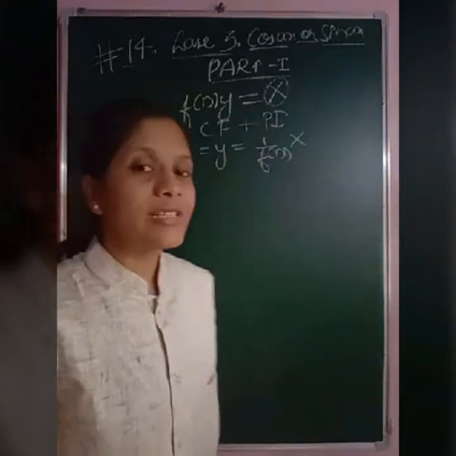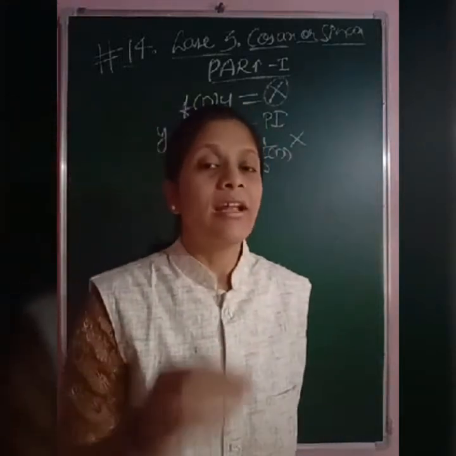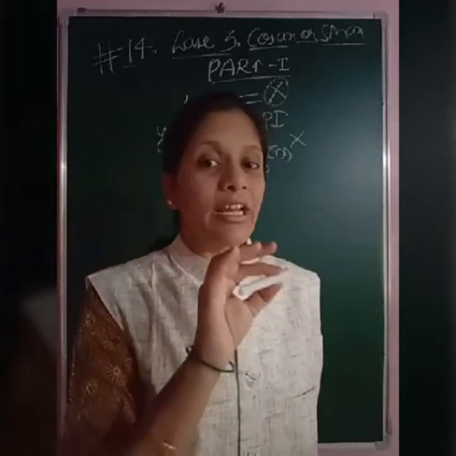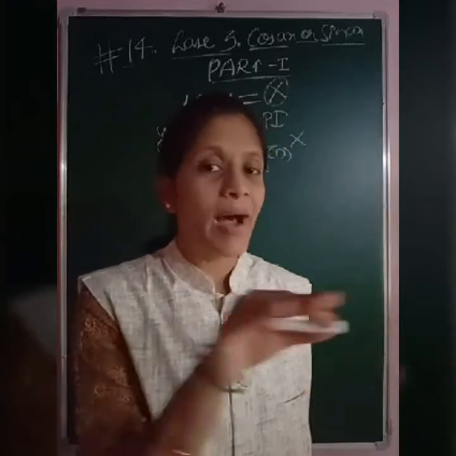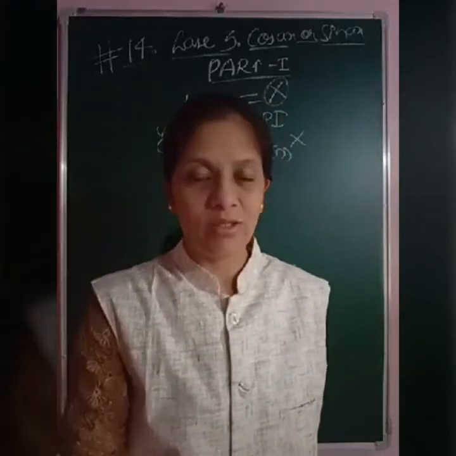Whenever cos ax or sin ax is given, then wherever f(D squared) is given, we have to replace D squared by minus a squared.